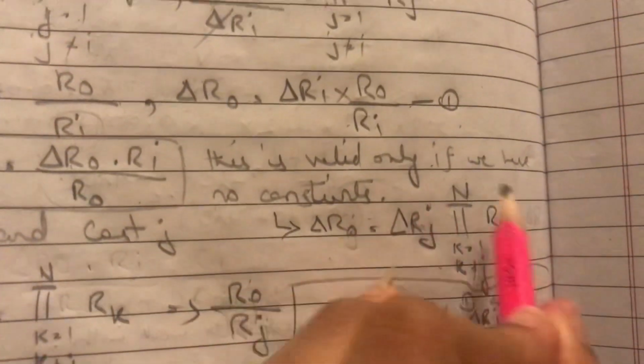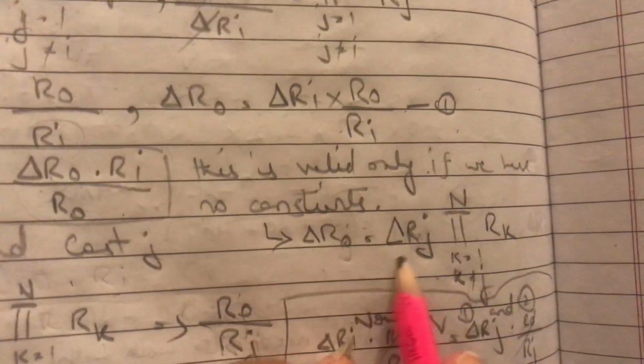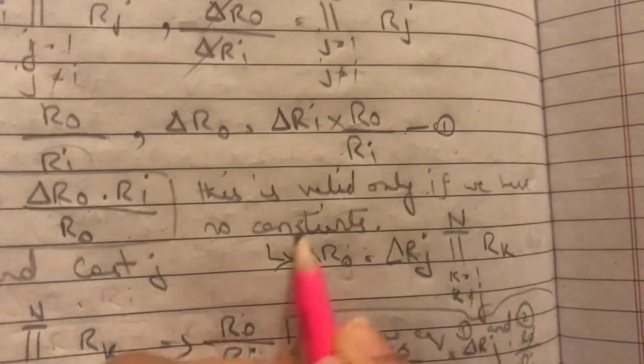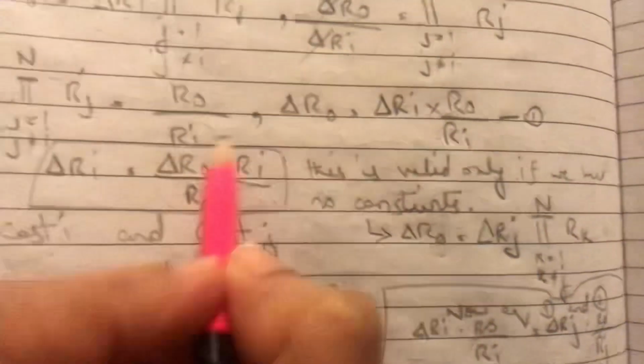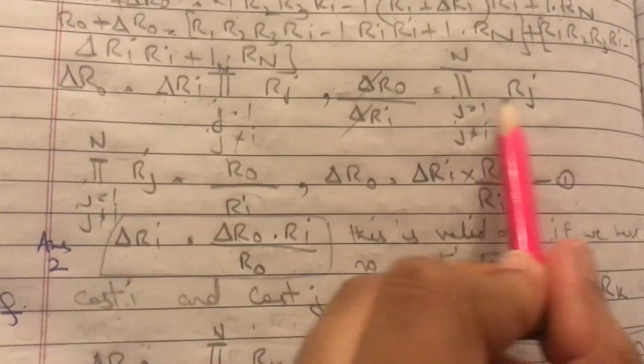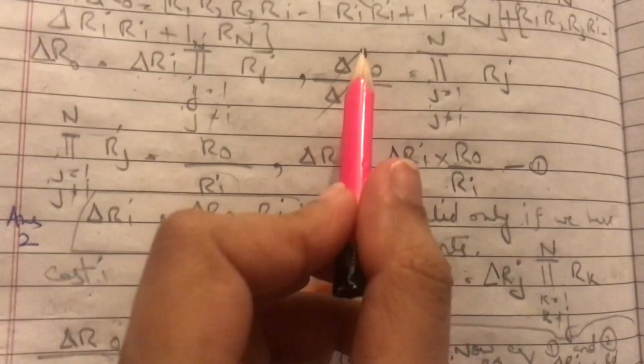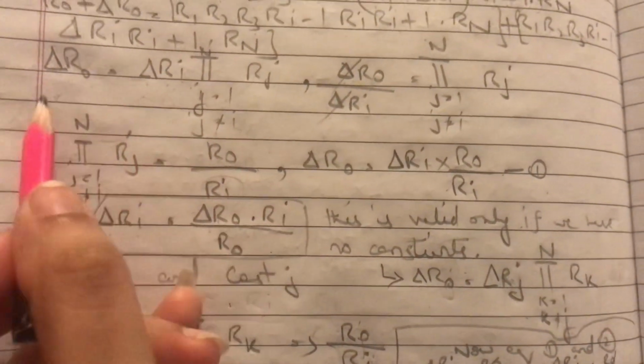Sorry. Here we are talking about when we have no constraints, so we get this term. Now what is our part? We do the same calculation like we did before. What we did, we took the delta Ri over down there.